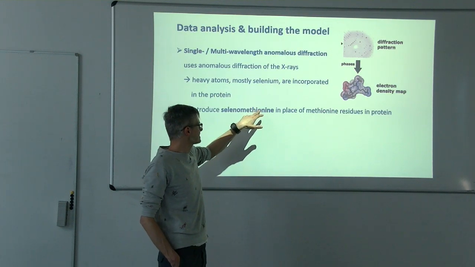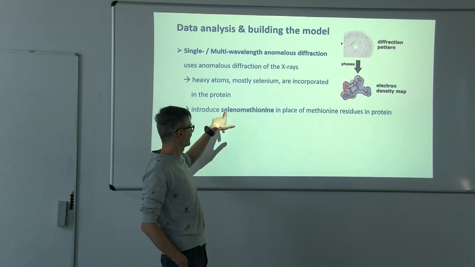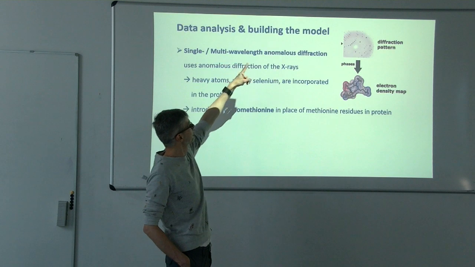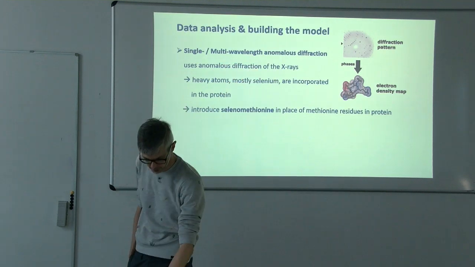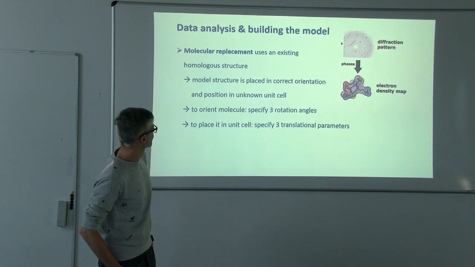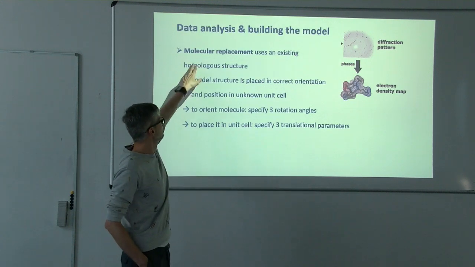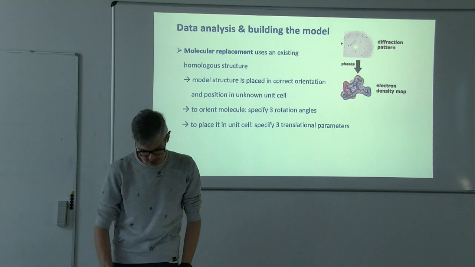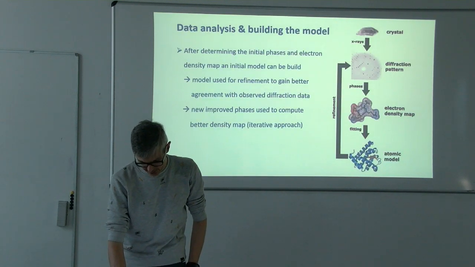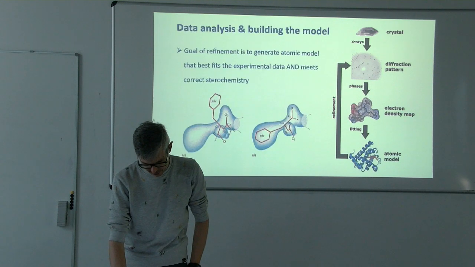What you can do is incorporate selenomethionine in your protein structure and use that as a trick. This is done for the anomalous diffraction. And then the third one is molecular replacement, where there is already a homologous structure available that you can use. So those are the three ways that you can get to know this lost phase.